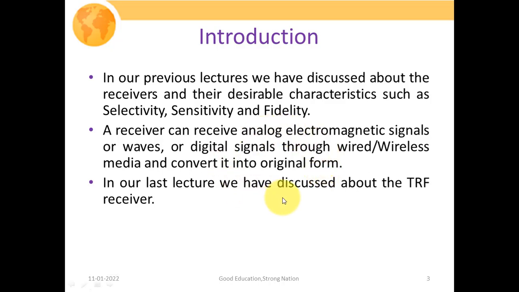In our last lecture we discussed the tuned radio frequency receiver, along with its advantages and disadvantages. In terms of advantages, it is very cheap and easier to construct, whereas as disadvantages, at higher frequencies we get a much deteriorated outcome, as high quality factor filters are not easy to construct.